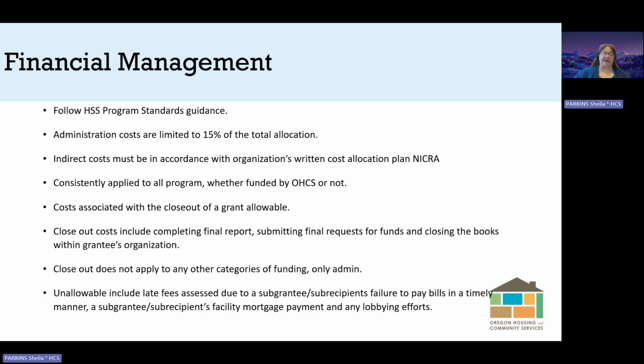All other categories of funding must have incurred their last expense by the end of the performance period, or June 30th. Unallowable admin costs include late fees assessed due to a subgrantee or subrecipient's failure to pay bills in a timely manner, a subrecipient or subgrantee's facility mortgage payment, and any lobbying efforts.